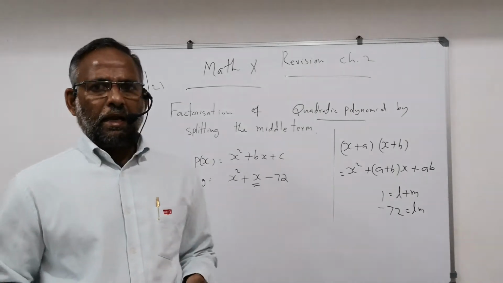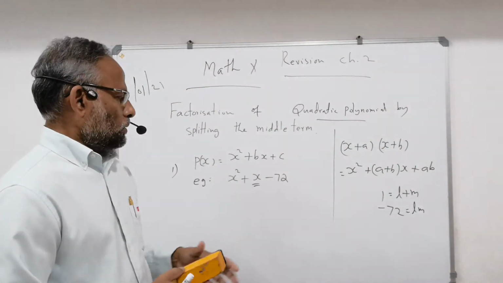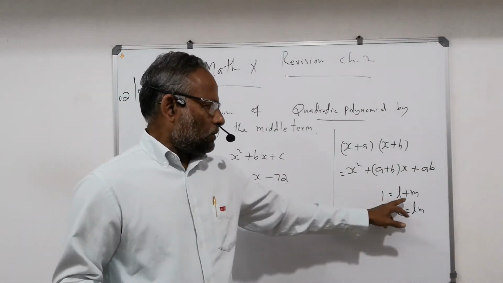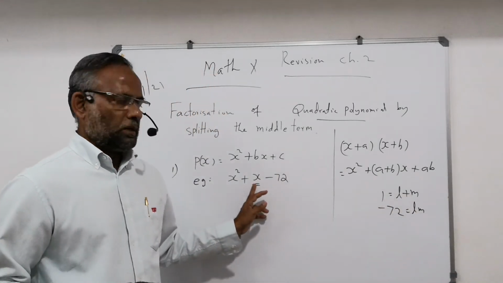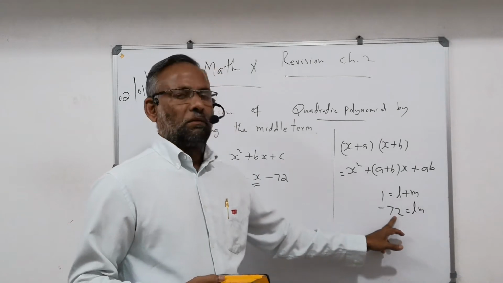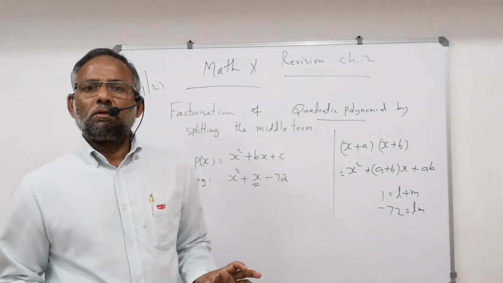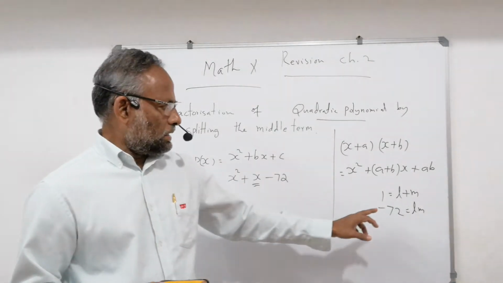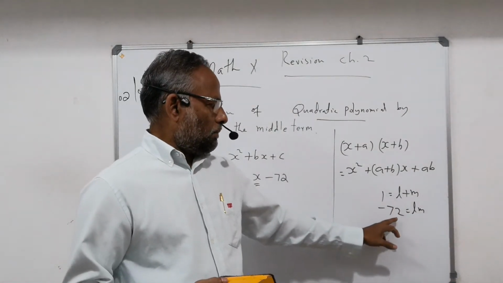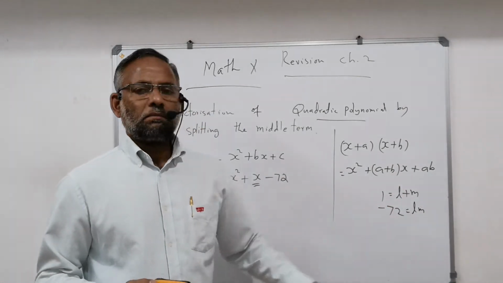Okay, don't think l, lion, m, mango, monkey like that. No. This is two numbers. Addition of two numbers is 1. Multiplication of two numbers is minus 72. That is it. So find out two numbers. Addition is 1, multiplication is minus 72.